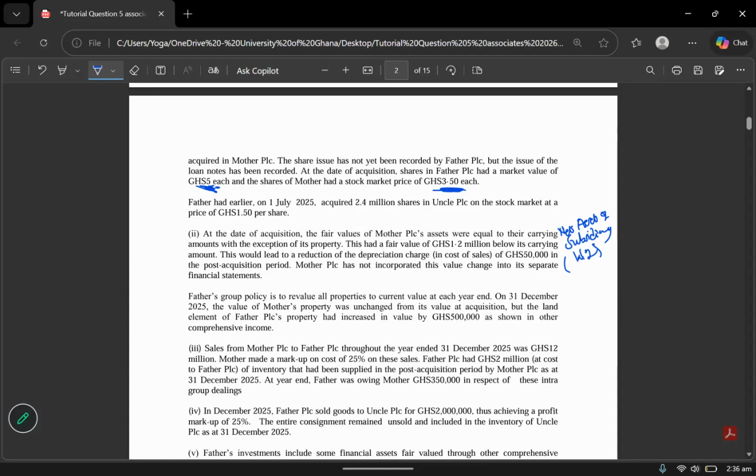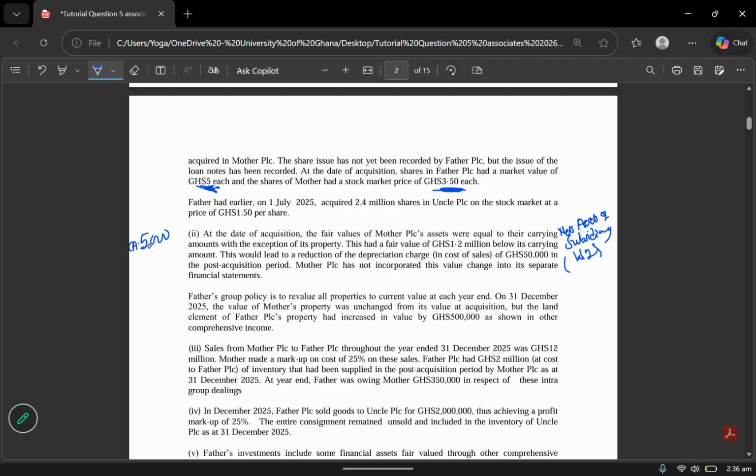So if the carrying amount is, let's say, 5,000 in our books, they are saying it has a fair value of 1.2 below its carrying amount. This will lead to a reduction of depreciation charge.